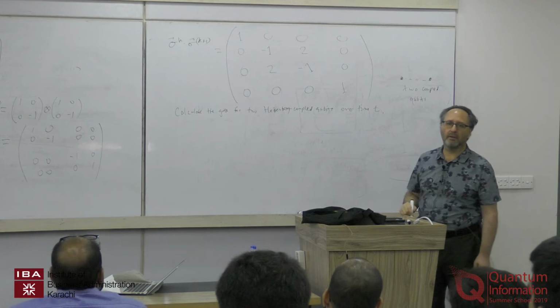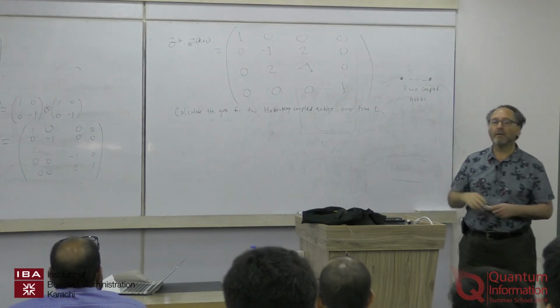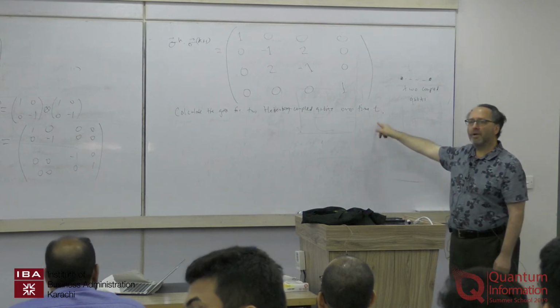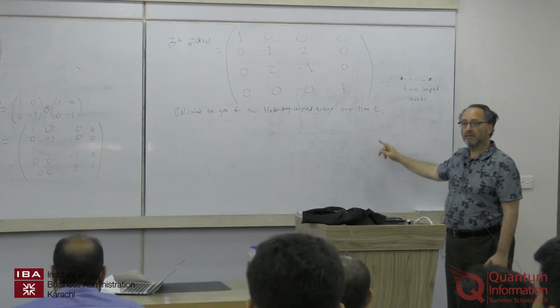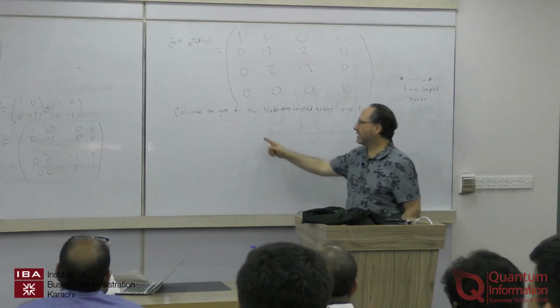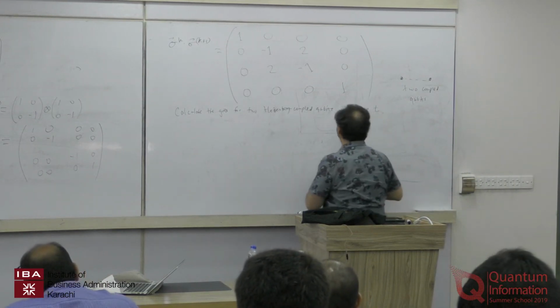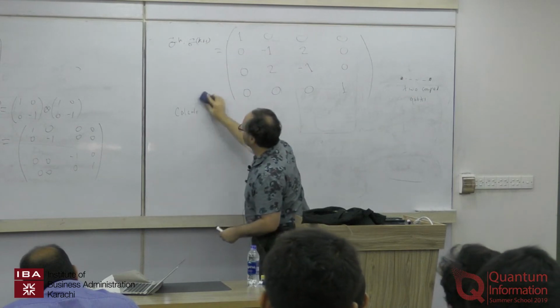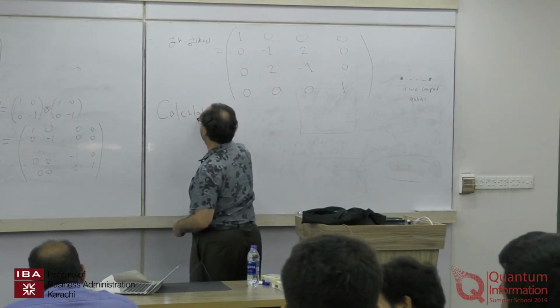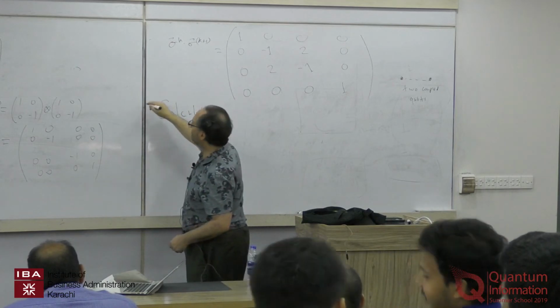How do we do it? I can't hear you. Okay, I'll write bigger if you talk bigger. Okay, so I just said here, calculate the gate. So this is problem 4, I think.